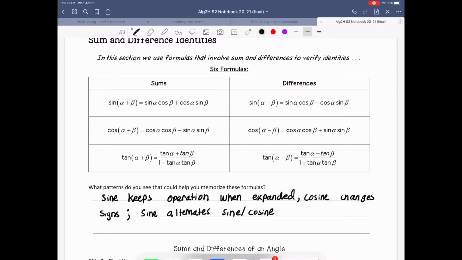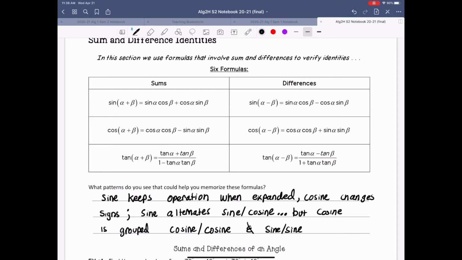But cosine, on the other hand, is grouped as follows. Cosine is grouped as cosine with cosine and sine with sine.